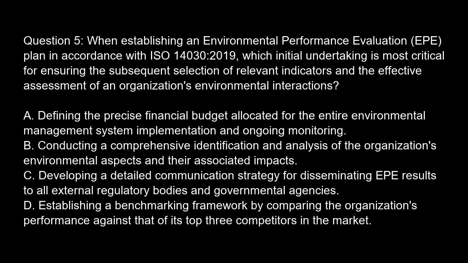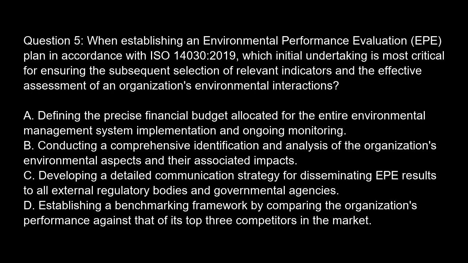Question 5. When establishing an environmental performance evaluation (EPE) plan in accordance with ISO 14030, 2019, which initial undertaking is most critical for ensuring the subsequent selection of relevant indicators and the effective assessment of an organization's environmental interactions? Option A. Defining the precise financial budget allocated for the entire environmental management system implementation and ongoing monitoring.